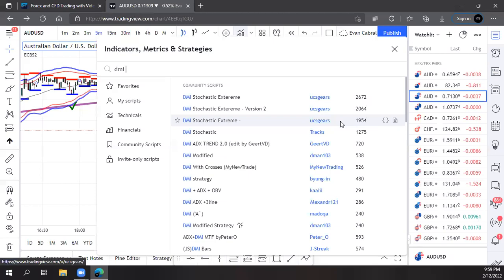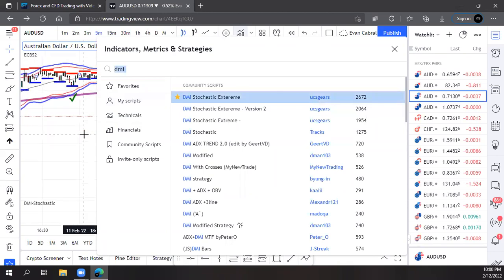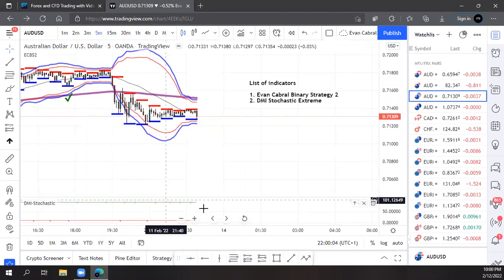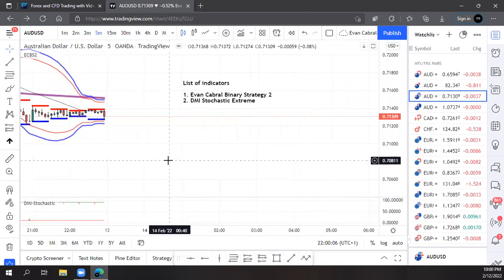But one thing I need you guys to always understand is that the most used indicator most times is the one people actually go for. So me, I just look at this and tell myself, okay, this has about 2,672 likes, so this is the one I want to go for. So DMI stochastic extreme, that's what I'm adding. I just added this right here.